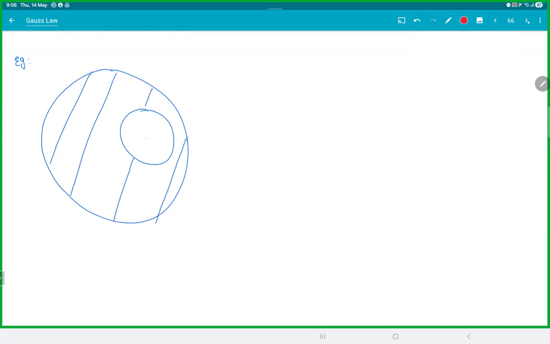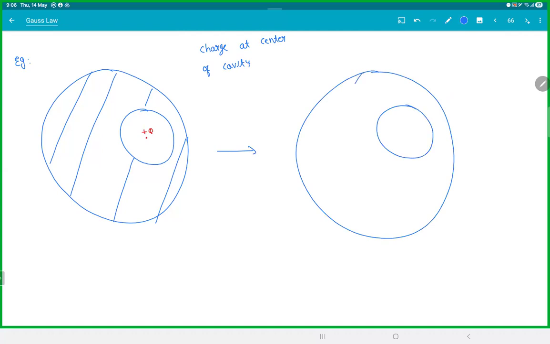And let's say you kept a charge plus Q exactly at the center. So how will the distribution look like? Because it's exactly in the center, by symmetry, the inside charge we proved it should be equal to minus Q.